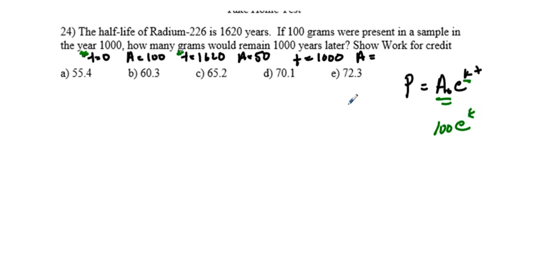So if we plug in our other point right here, we'll have 50 equals 100 e to the k times 1,620, and we have to solve for k. All right, I'll let you solve for k. After you solve for k, plug it back into the equation, and then you want to plug in t, and then pick your answer for the number of grams.